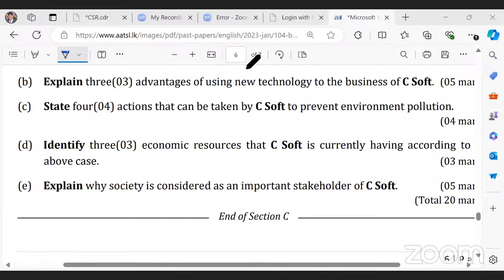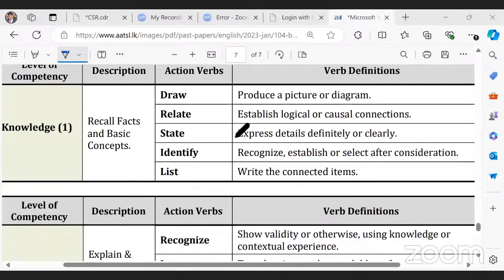Then in that case, we can understand the society is a very important stakeholder for this particular organization.